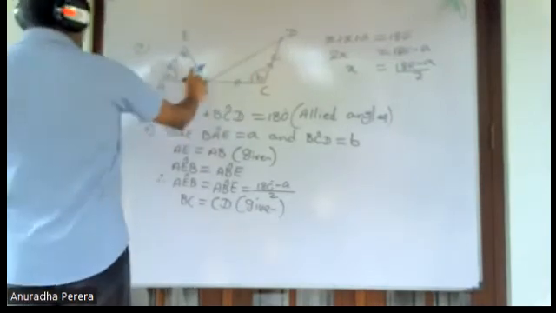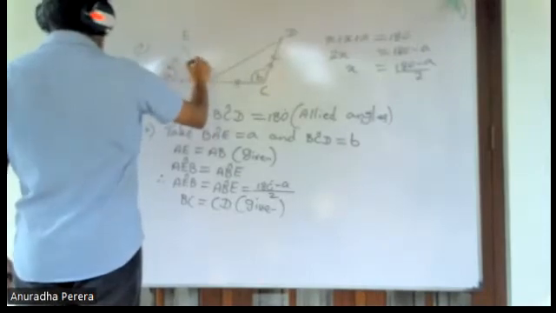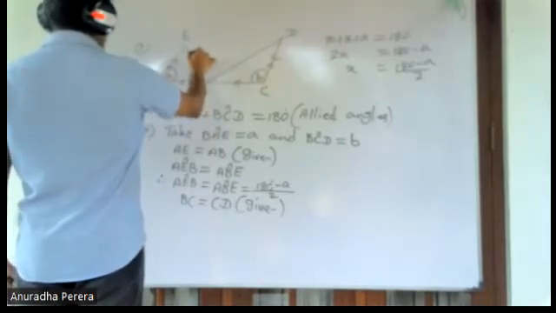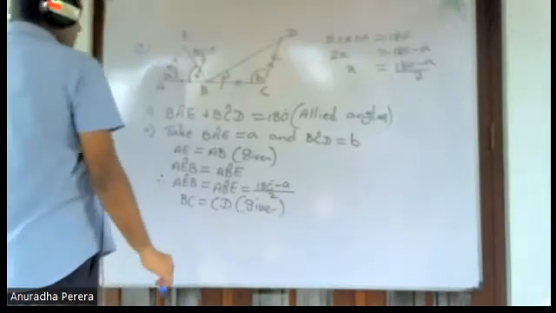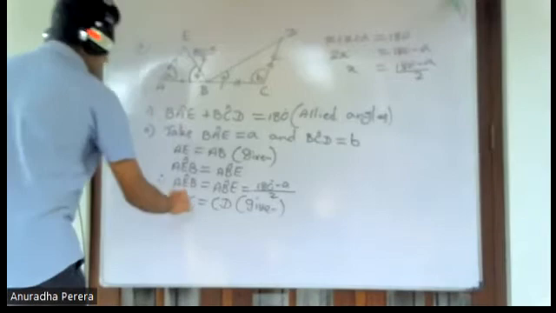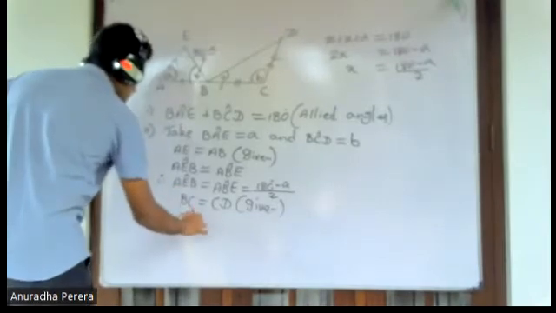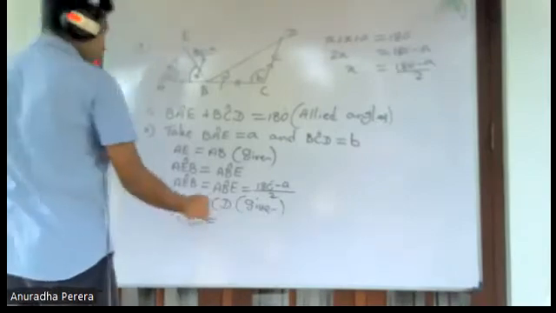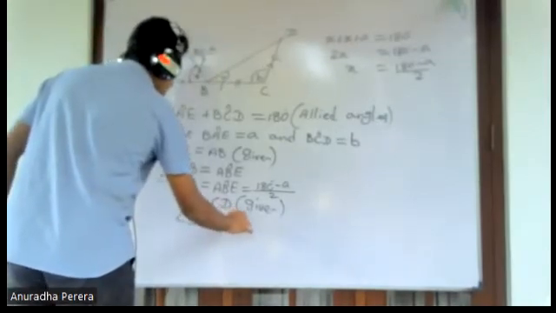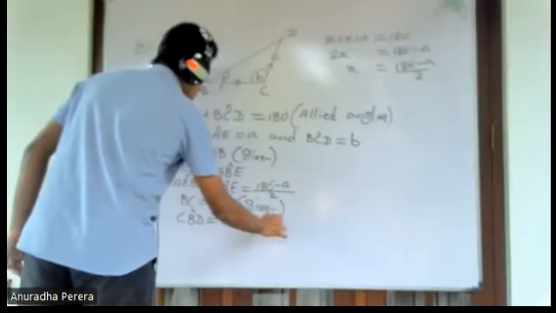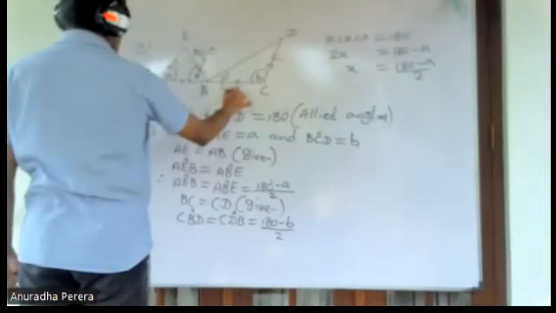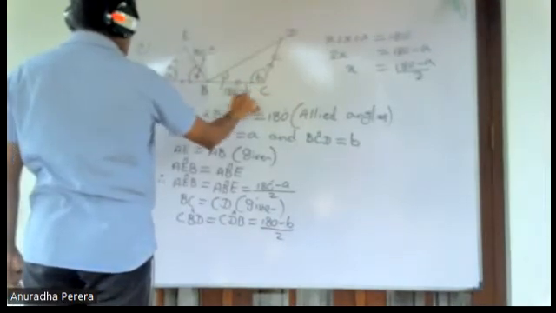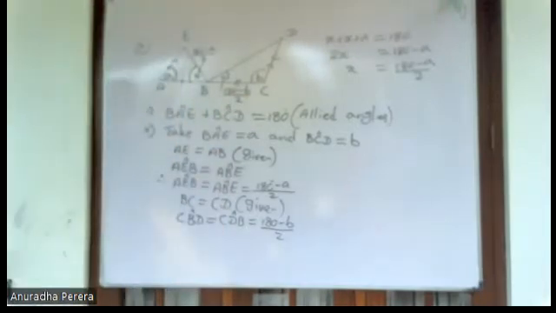This one is (180 minus A) over 2, and this angle, you can write CBD equals CDB, which is (180 minus B) over 2, right?